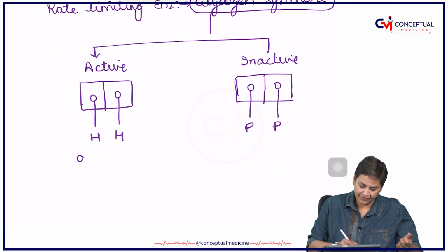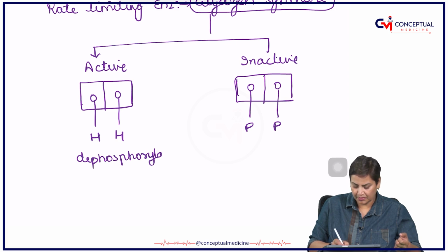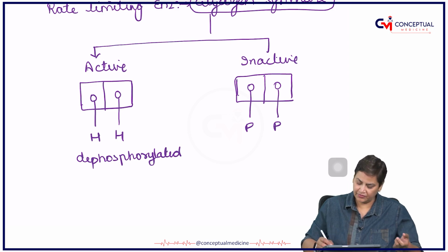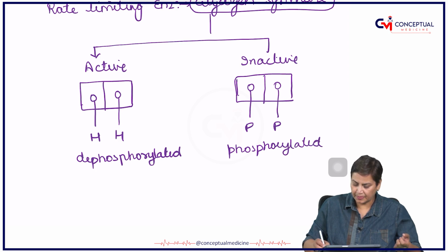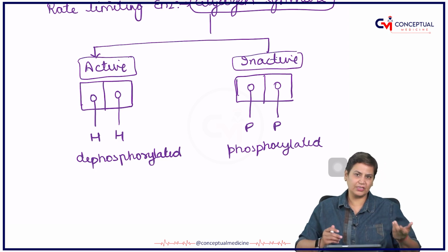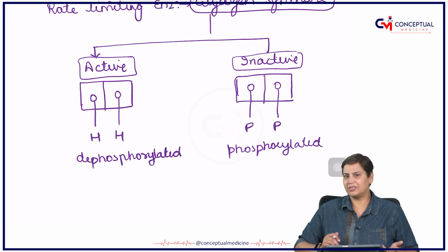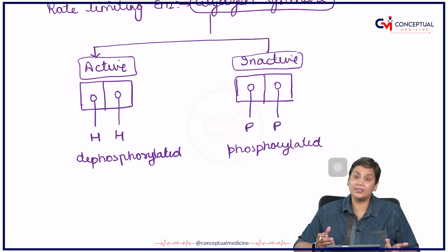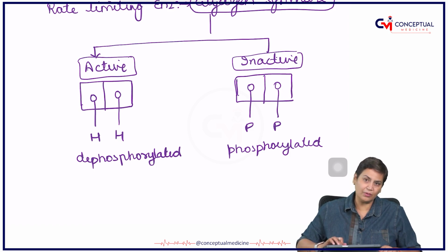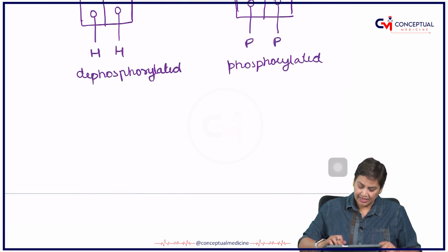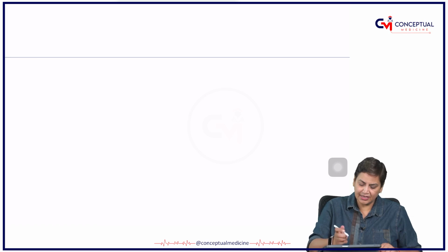So, I can say active is dephosphorylated because it does not have phosphate, and inactive is phosphorylated because it has phosphate. Active, inactive. And obviously you know what is the meaning of active. If it is active, glycogen synthesis will occur; if inactive, glycogen synthesis will not take place. This is all about glycogenesis. Then the parallel process here, the second one, is glycogenolysis.